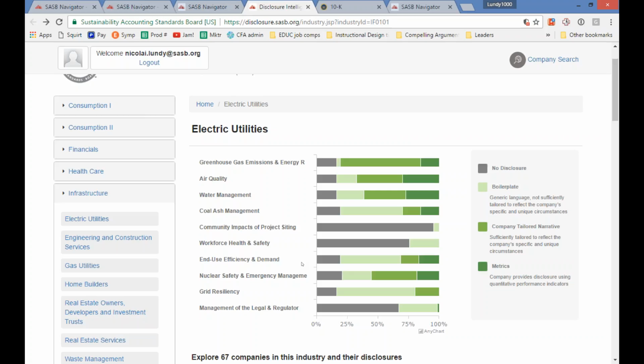We do look at to what extent their disclosure is useful, but whether or not they are actually performing well or not, whether or not they're included in different ranking systems, we view that as outside the scope of our mission, which is just to improve the quality of disclosure and make it available to the marketplace through already used SEC reporting channels. So those other reporting and ranking and kind of indices, such as the Dow Jones Sustainability Index and others, serve a valuable role in the marketplace, but are kind of outside the scope of SASB's work, so we don't include them in the Navigator per se.